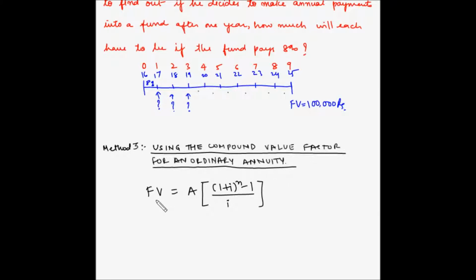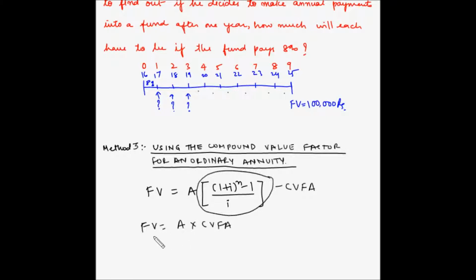Now, as we had seen in method 2, we had used the formula for future value of an ordinary annuity, and this was the formula. Now, we also know that this portion is called the compound value factor of an annuity. So our formula becomes FV is equal to A into CVFA.